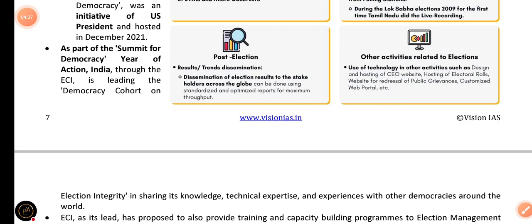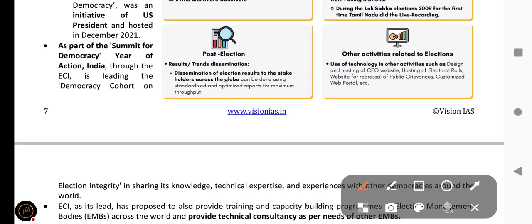Trends dissemination, results or trends dissemination, that is the expression of voting or voting of the winning candidates. Dissemination of election results to the stakeholders across the globe can be done using standardized and optimized reports for maximum throughput.